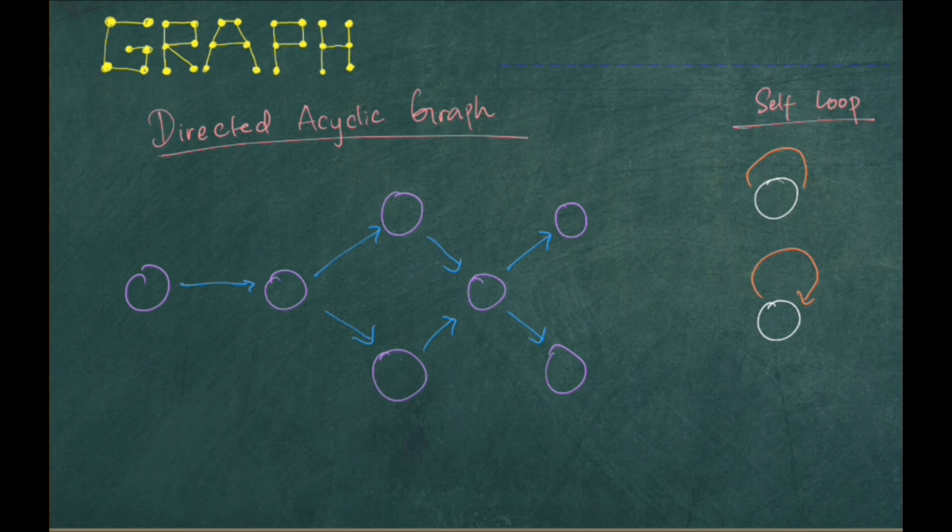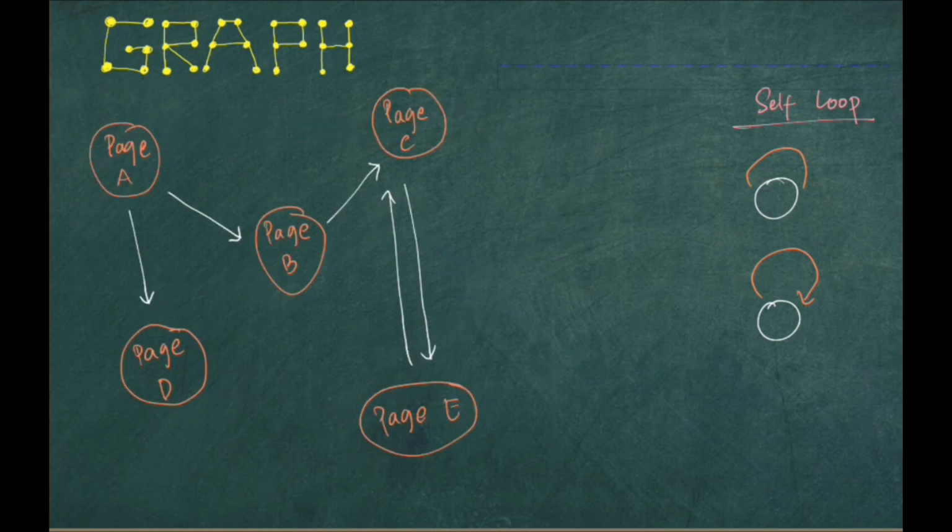For example, interlinked web pages on the internet can be represented as a directed graph, like if a page contains a link to another page. It is very much possible for a web page to have a link to itself. Then we are going to have a self-loop in this graph.